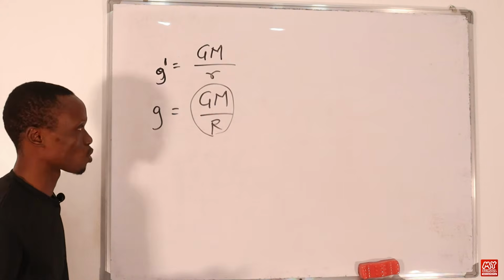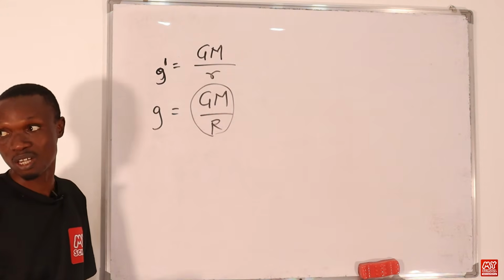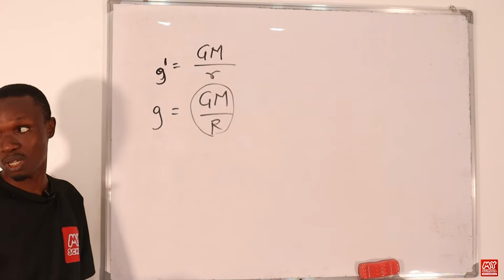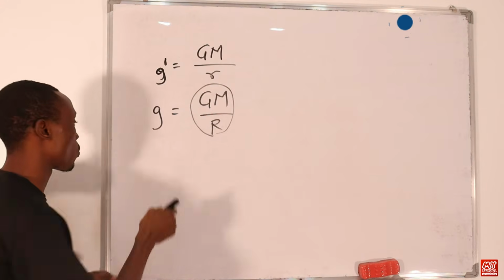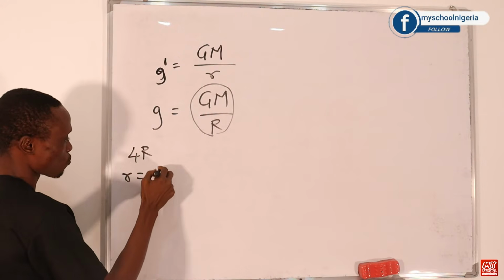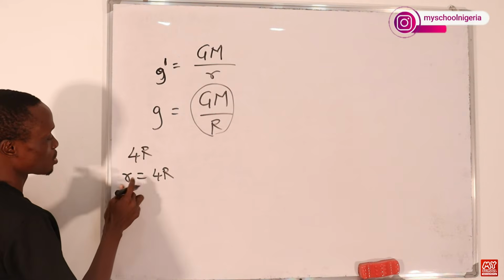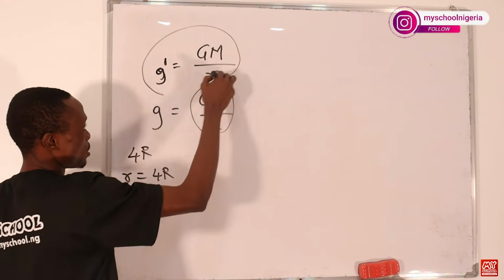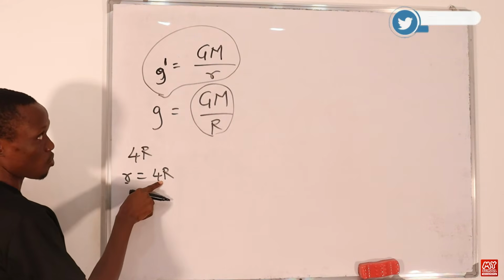But in this question, we are given that the radius of the body moving in a circular orbit is 4R. So our r is equal to 4R. Anywhere we see r in this expression, we replace it with 4R.